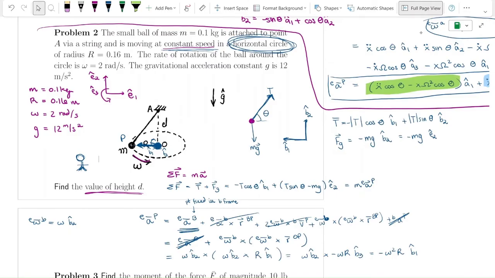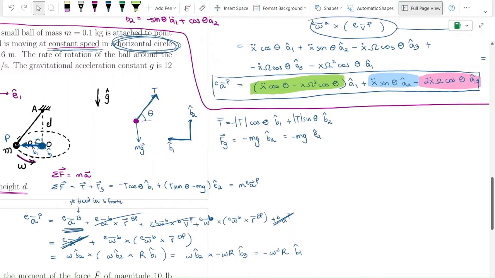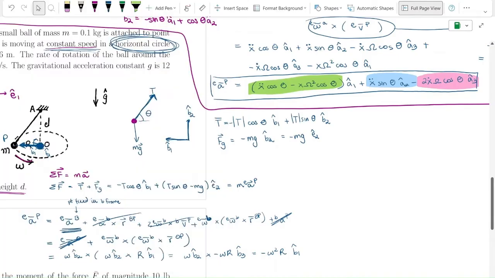So we can go back to our F equals ma. First we found the sum of forces, then we found the acceleration.